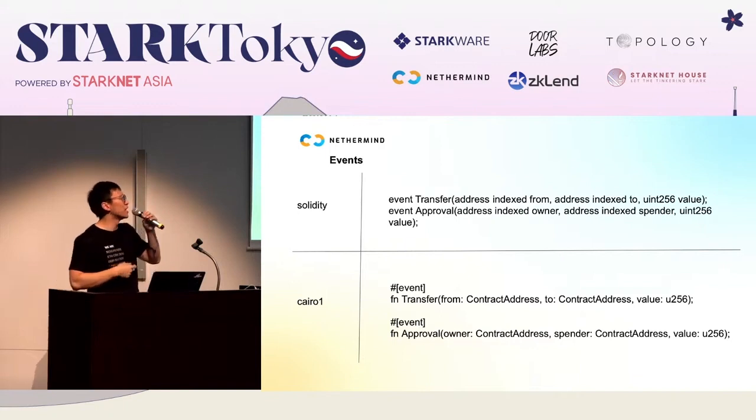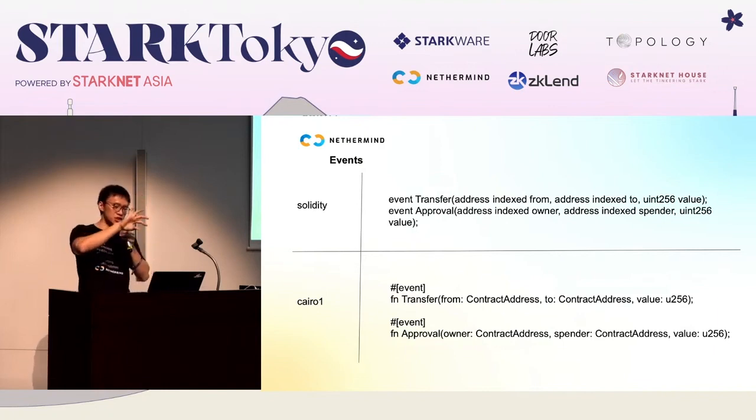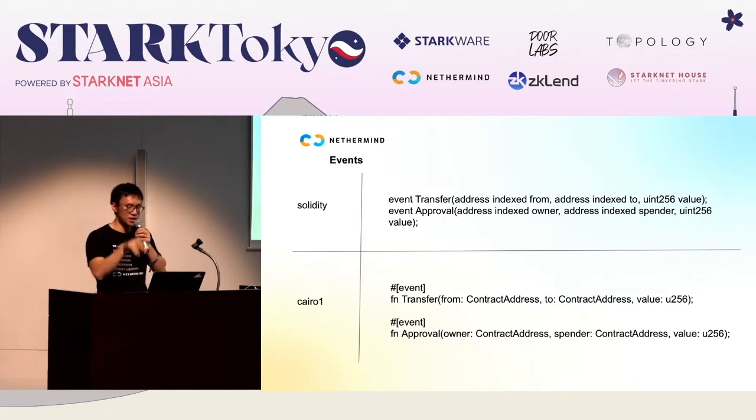And one thing that is not in Cairo1 is indexed, so you don't have to worry about that. Just write your event name as a struct, with two empty curly braces and nothing inside. So that's how you declare events in Cairo1.